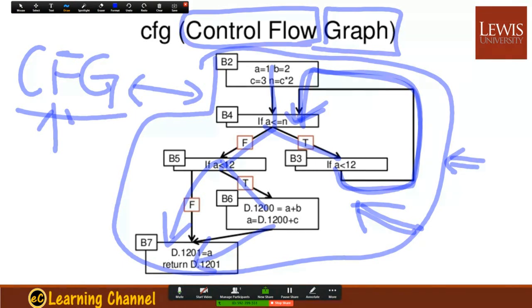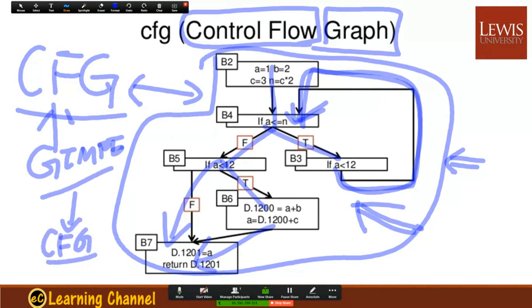This one is actually past Gimple already. So Gimple will generate this context-free grammar and then go to the control flow graph, and it is the end result of context-free grammar parsing.